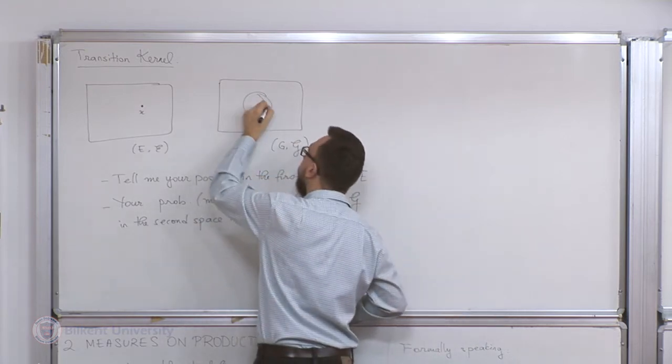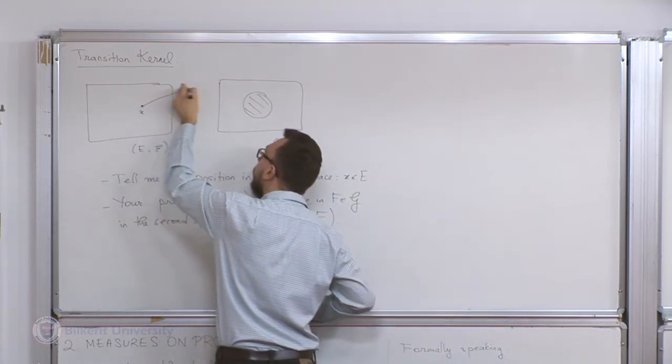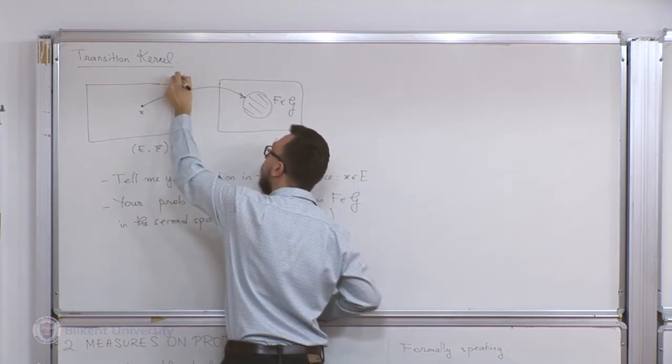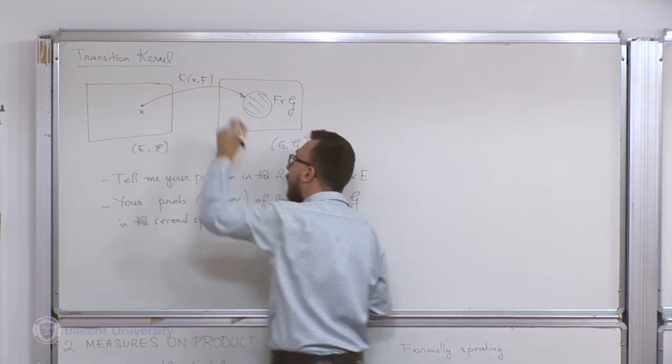So there is F here. My probability of landing here is K(x, F).